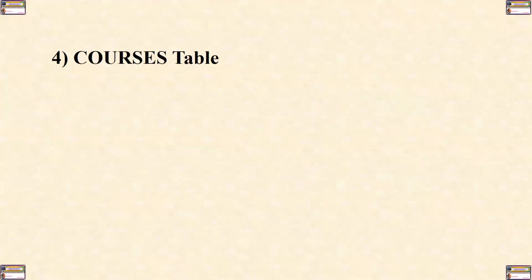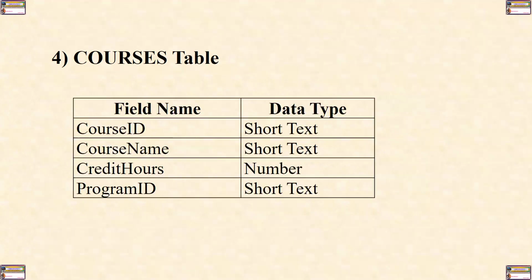Our fourth table will be courses table. It will have the following fields. One is course ID, which is expected to hold data of type short text. The course name will hold data of type short text. Credit hours will be number. Program ID will be short text.